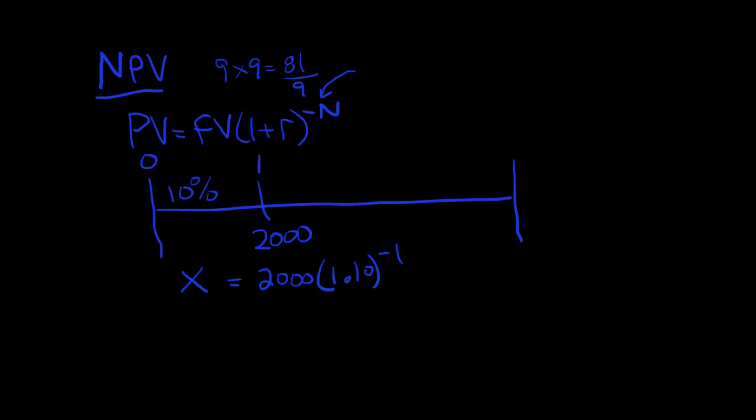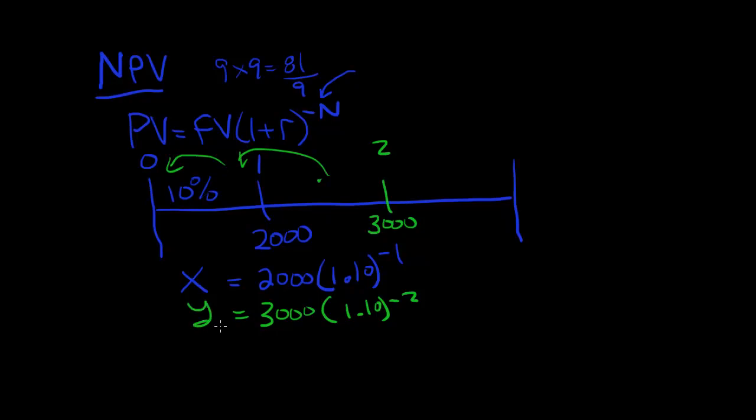Now let me add to this problem and say, what if we have a second cash flow here? We'll say it's $3,000. Could you find out what its PV is? Again, absolutely. It's $3,000, 1 plus the R, and since that's the second period, we discount it back 2 periods, so that's why it's a negative 2.